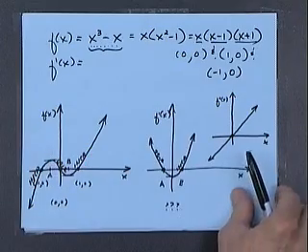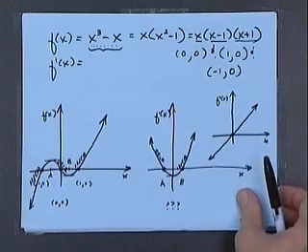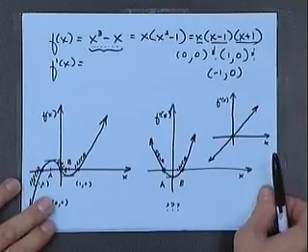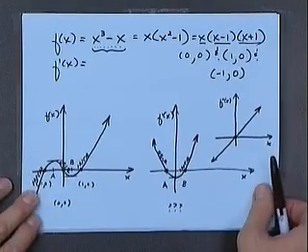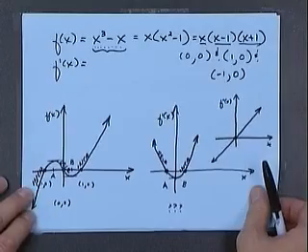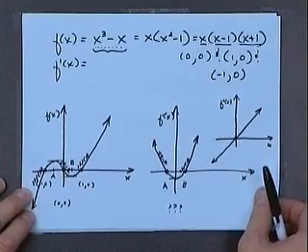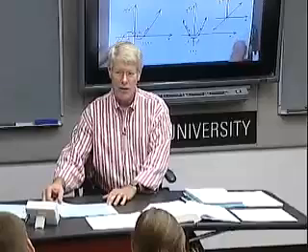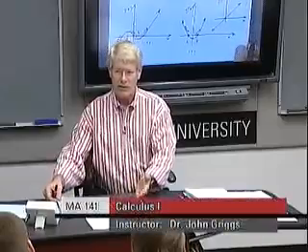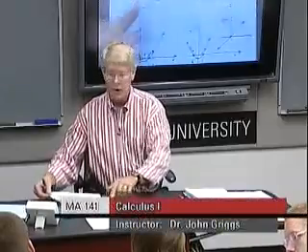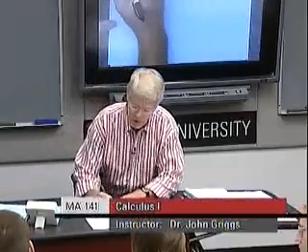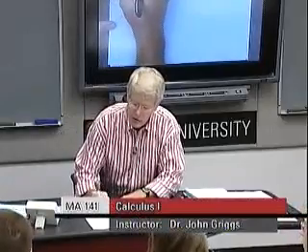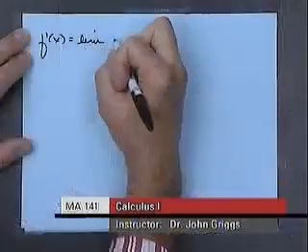I know some of you know the shortcut. Tell me what answer we're going to get. 3x squared minus 1, right? Some of you are saying, oh my goodness, how did you know that? But a lot of you know that. We're going to do this the so-called long way.